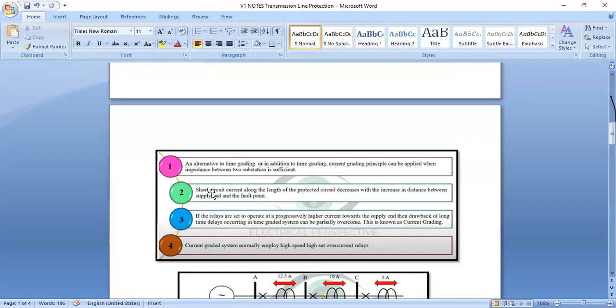Then it uses a high speed overcurrent relay.